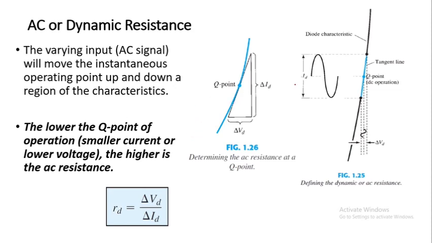Now, the method to find this AC or dynamic resistance is to draw a tangent line at this Q point.